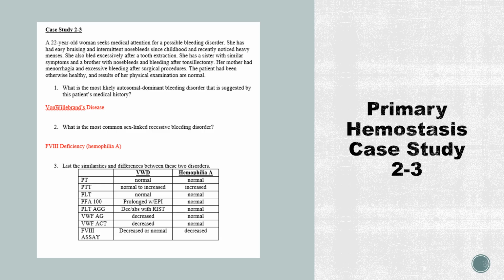Von Willebrand factor activity would be decreased with von Willebrand's disease and normal in hemophilia A. And then our factor VIII assay would be decreased or normal in von Willebrand disease, but it would be decreased in hemophilia A, sorry.